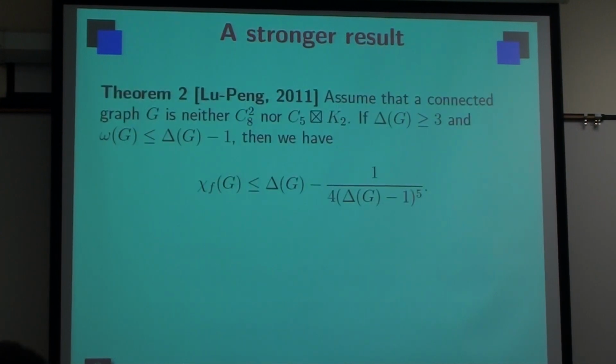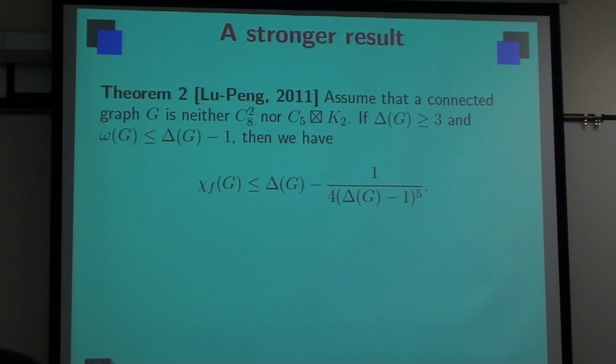Actually, we can show a little stronger result. If we assume the graph is not one of those listed graphs, then you can prove that the fractional chromatic number is not just less than the maximum degree, but actually less than a function of the maximum degree. This bound is not optimized, so you can easily get a better one, but we wanted to show there is a gap there.